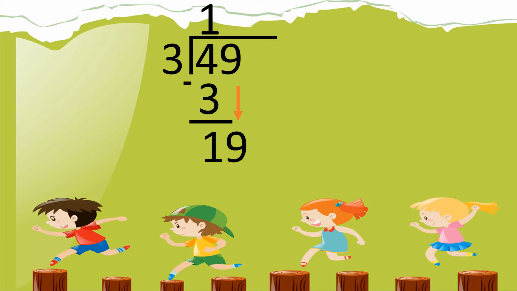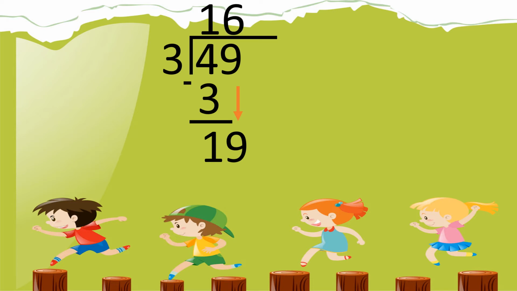So we see how many times 3 goes into 19. If we use our multiplication tables, we know that 3 can go into 19 6 times, with a remainder of 1. So we put a 6 on top of the 9 in 49.